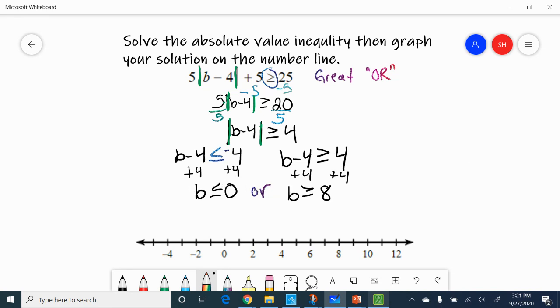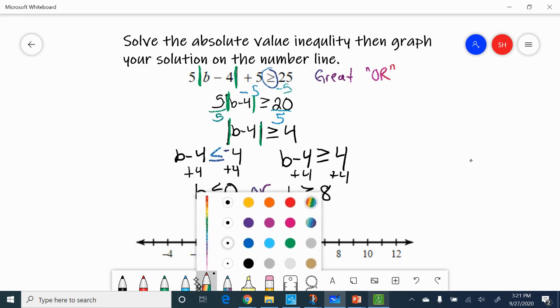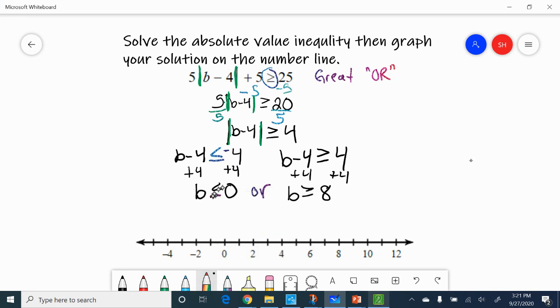In order to graph these, you first want to look and make sure this is equal to, and this one is equal to as well. And so we know whenever we graph this, it's going to be a closed dot because it has the equal to line underneath. It's going to include that point. So we're going to go to 0 and put a closed dot.